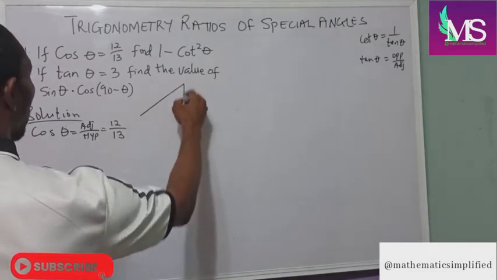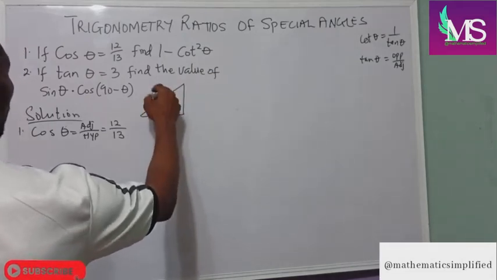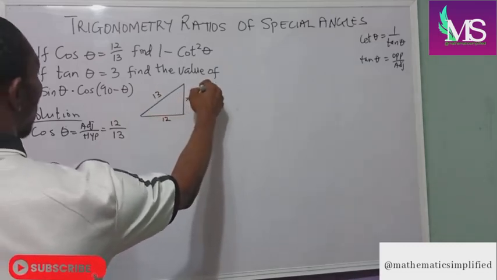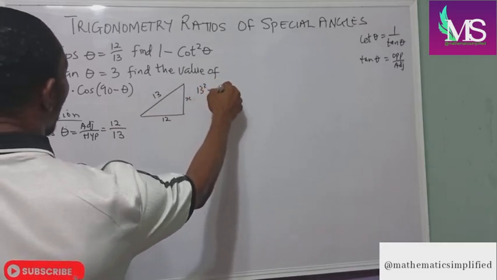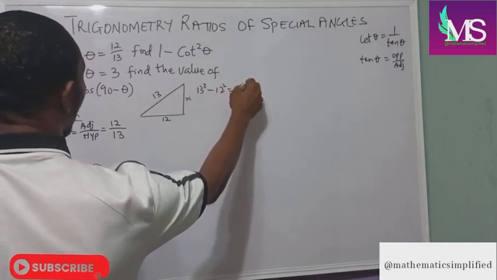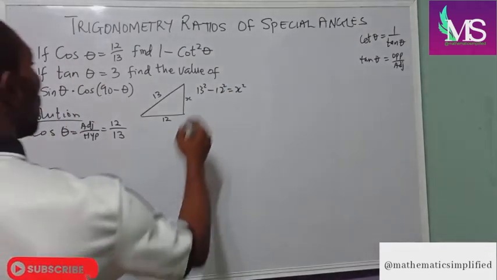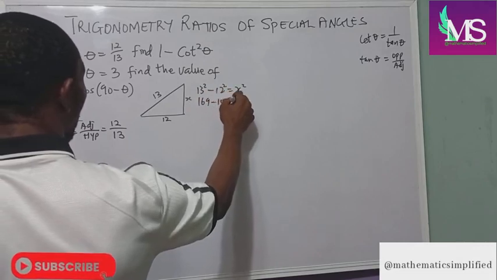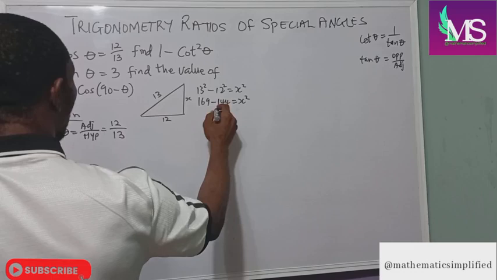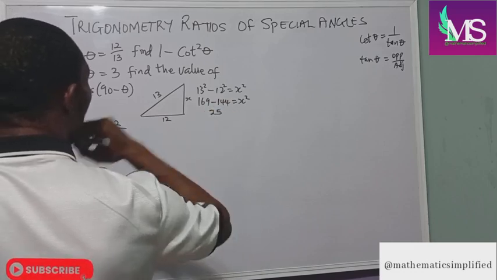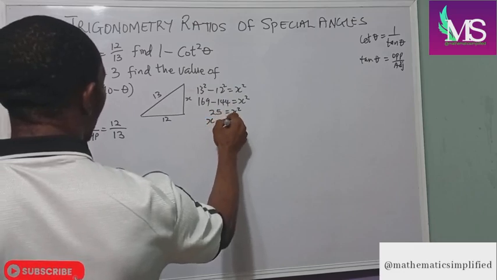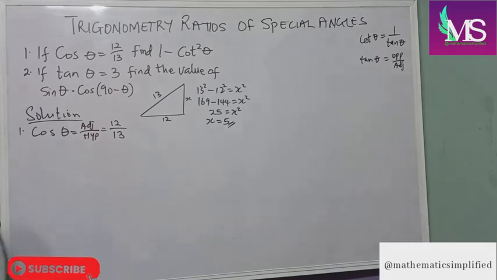So if we find our opposite, 13, 12, and x, this becomes 13 squared minus 12 squared equals x squared. And 13 squared is 169, 12 squared is 144, equals x squared. So this will give us 25 for x squared. So our x equals 5, which is our opposite.